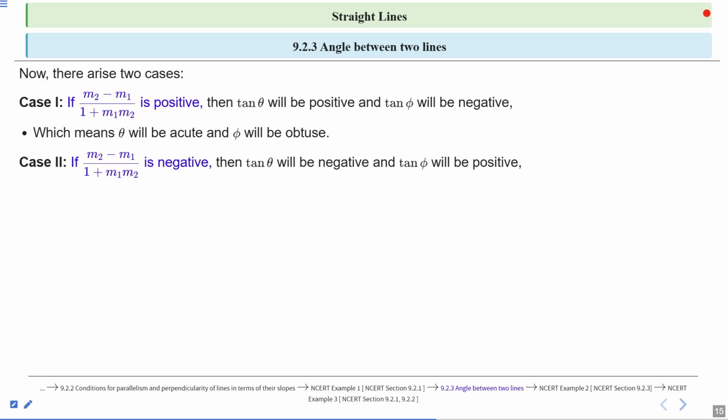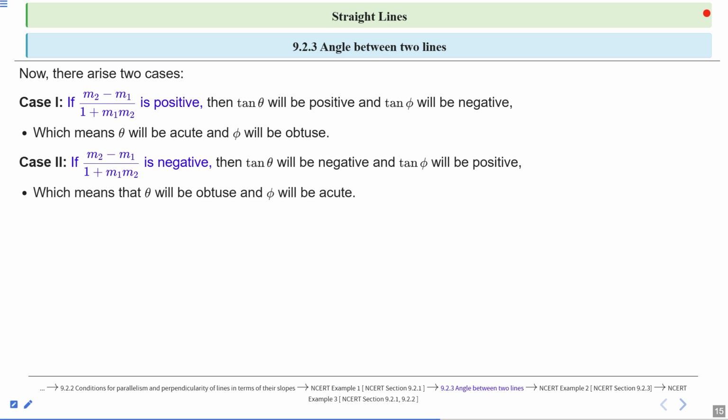And now case 2. If (m2 minus m1) divided by (1 plus m1 into m2) is negative, then what will happen? Then tan theta will be negative and tan phi will be positive.